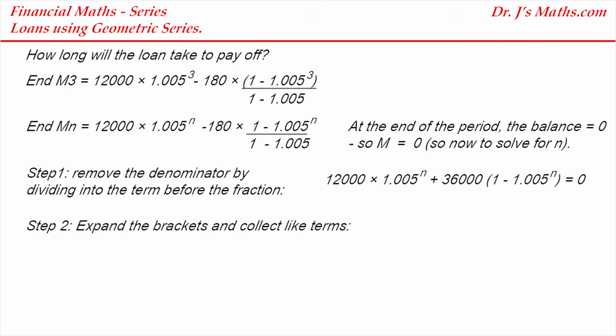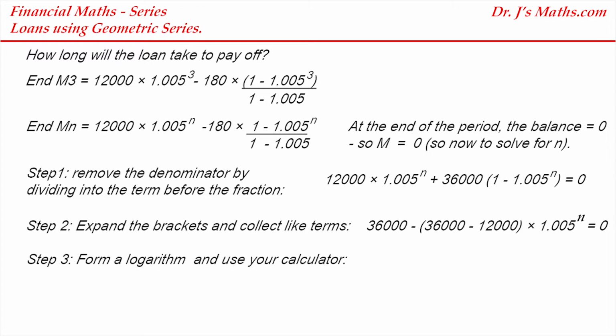Expand the brackets and collect the like terms. We've got a 1.005 to the n in 2 of those terms, so we're going to bring those together with brackets in front. And then we're going to form a logarithm and use the calculator. So 1.005 to the n is equal to 36,000 divided by 24,000.